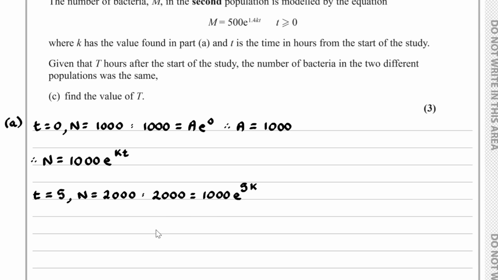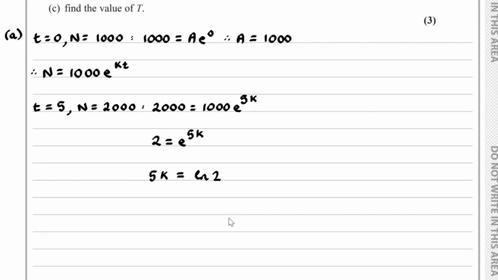And if we simplify, 2 equals e to the power of 5k. 5k is equal to the natural log of 2. And therefore k is equal to 1/5 times the natural log of 2.